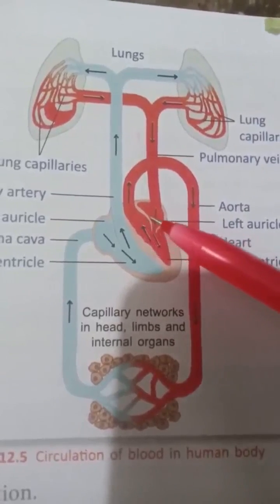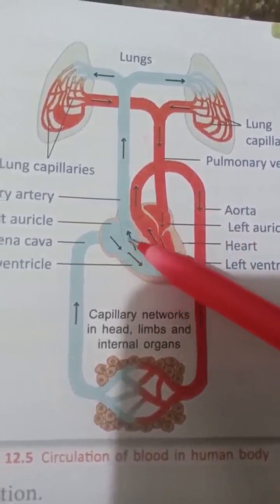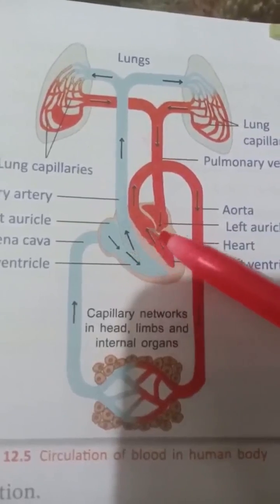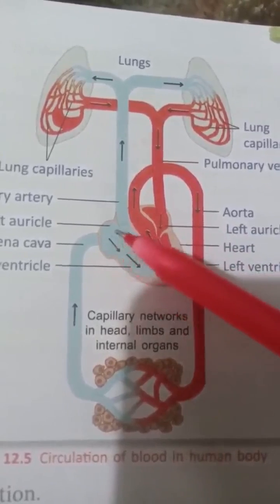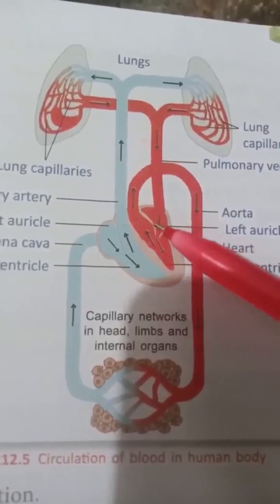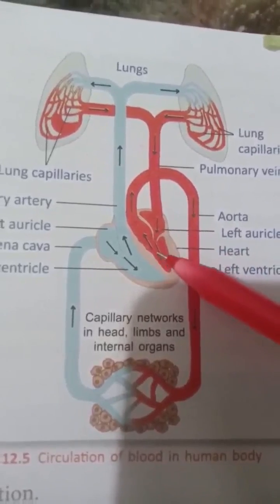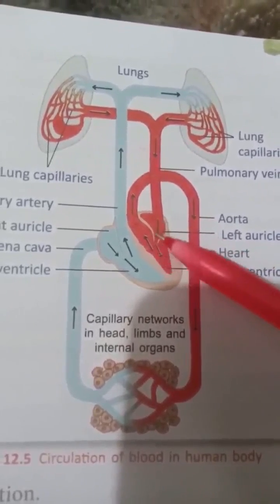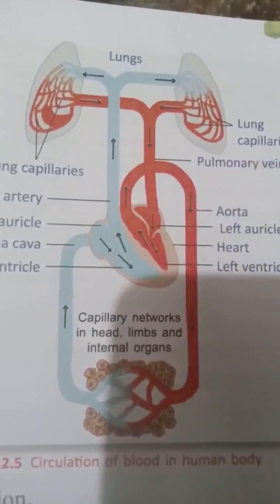Over here you can see a valve through which the auricles open into the ventricle. This valve opens like a door which prevents the backflow of blood. This way blood cannot flow back. Understood?